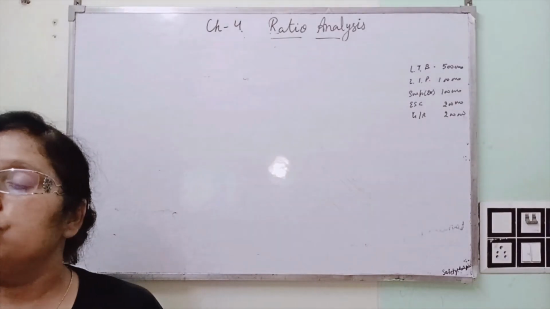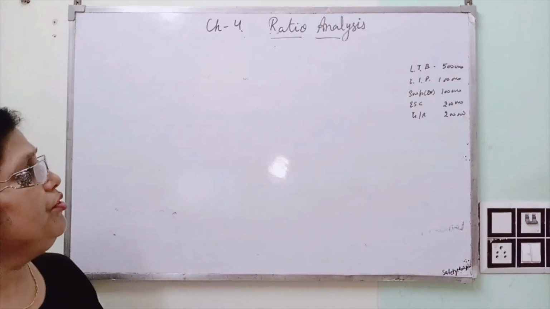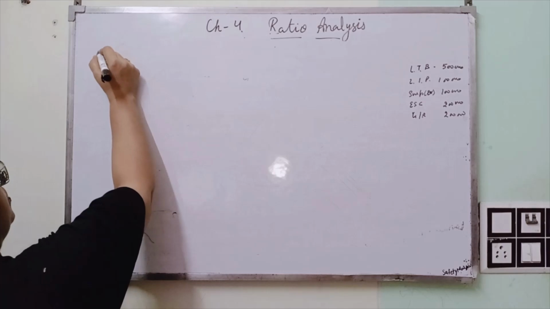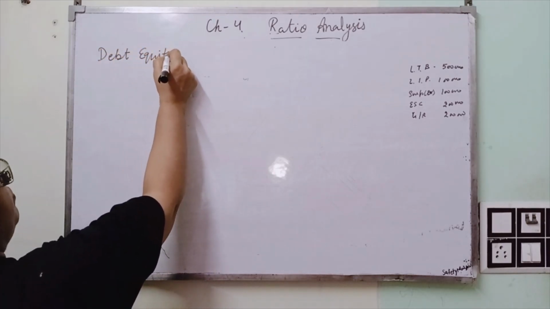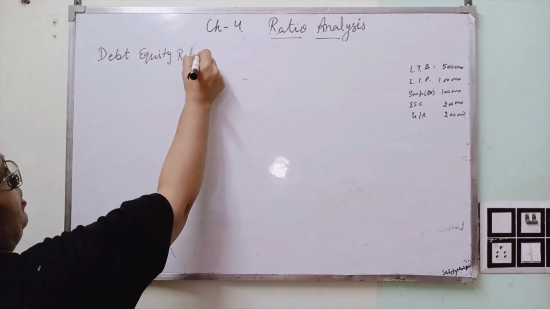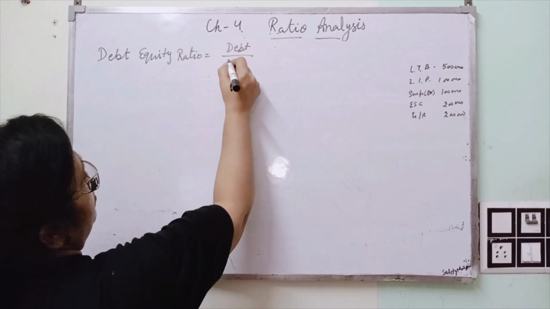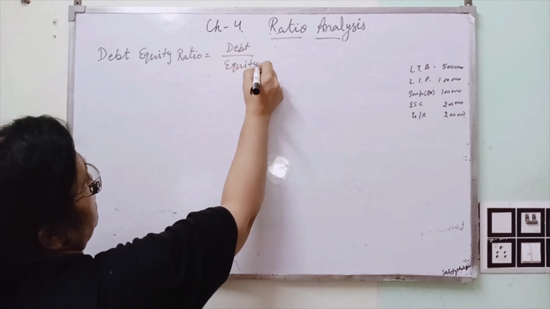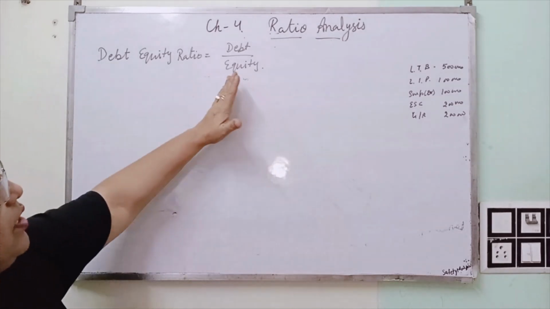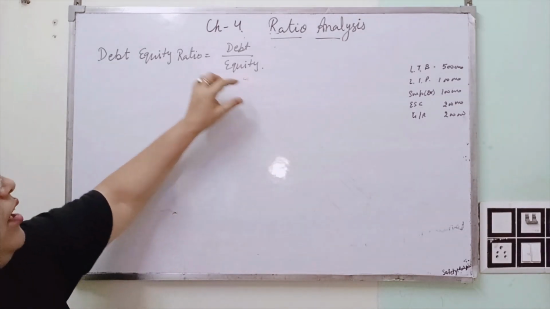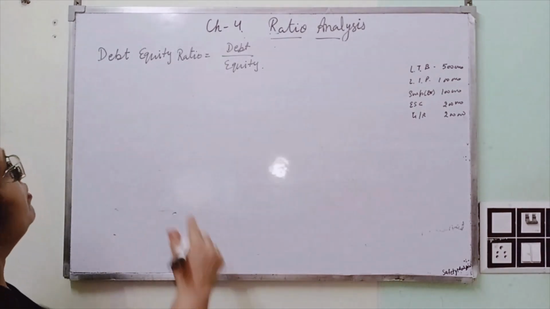Now we will solve this question. In your question, you have to calculate debt equity ratio. First of all, we have to write the formula. Debt equity ratio is equal to total debts, long-term debts upon equity. In board examination, your marks are bifurcated, and for writing this formula, you will get half marks.